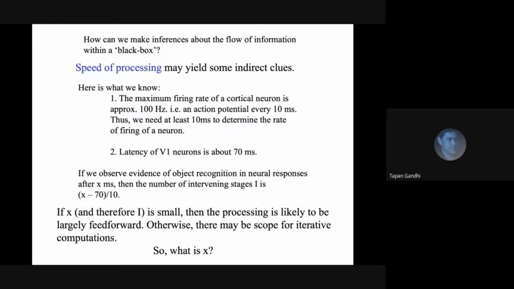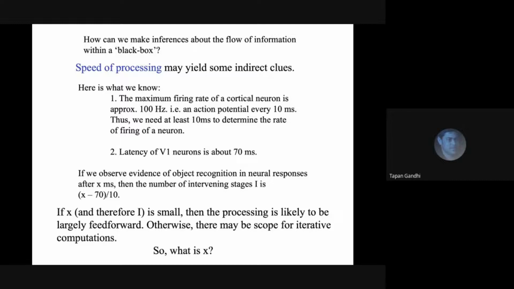If we talk about the latency of V1 neurons, this is about 70 milliseconds, right? If we observe evidence of object recognition in neural responses after x milliseconds, then the number of intervening stages, meaning through how many stages the information gets processed so that finally we perceive something, is called I. So I equals (x minus 70) divided by 10.